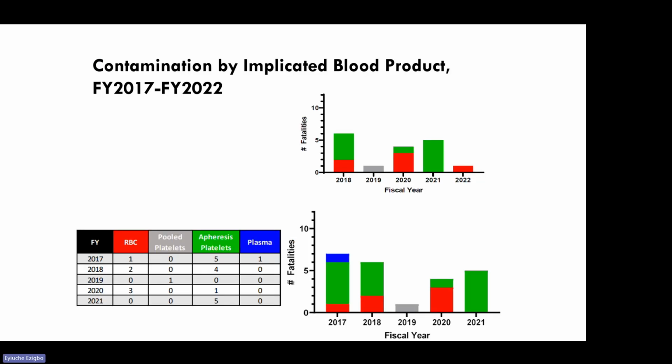So contamination by implicated products. Which of the blood products are mostly contaminated by microorganisms?